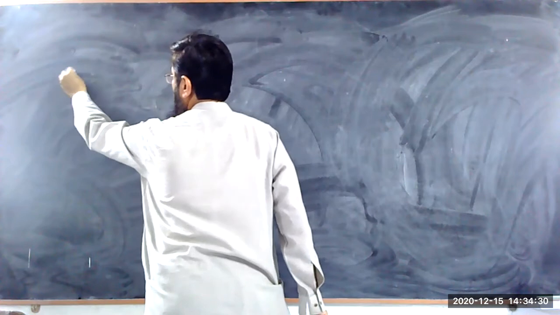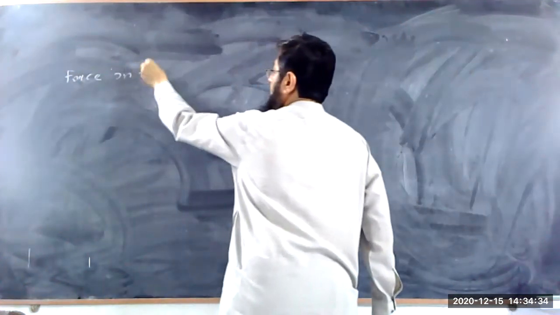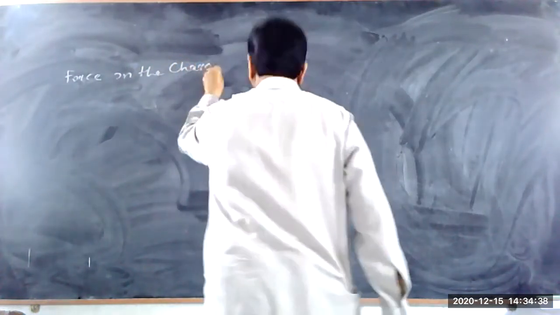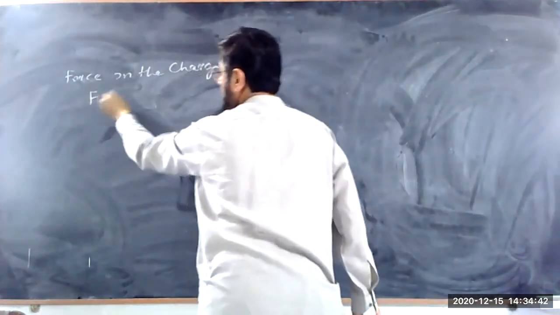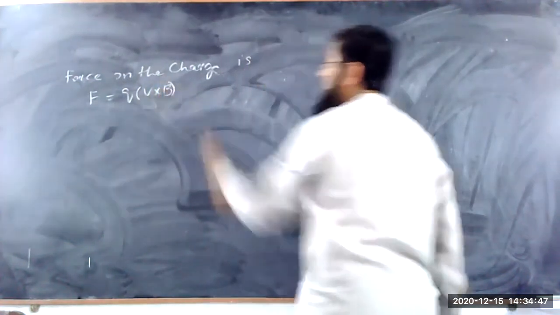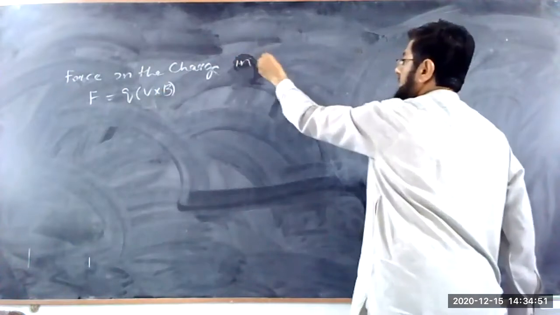So the force on the charged particle is F = q v × B. This is the force on a charge in a magnetic field.